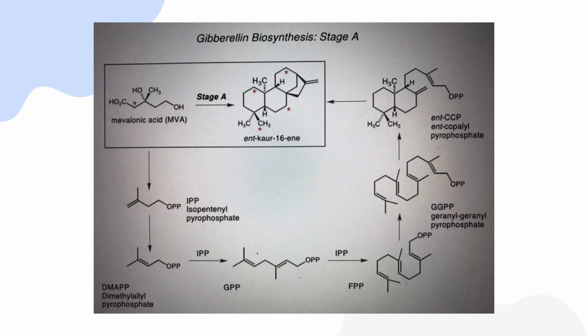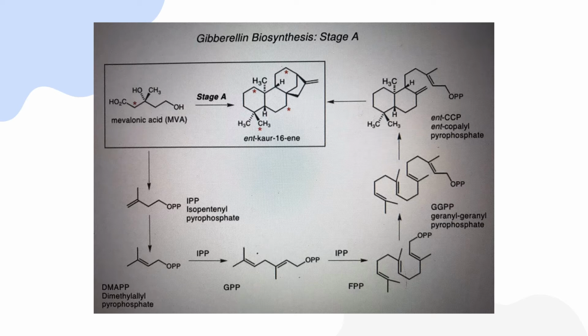The first stage in gibberellin biosynthesis is the production of terpenoid precursors and ent-kaurene in plastids. The basic biological isoprene unit is isopentenyl diphosphate, or IPP. The IPP used in gibberellin biosynthesis in green tissues is synthesized in plastids from glyceraldehyde 3-phosphate and pyruvate.